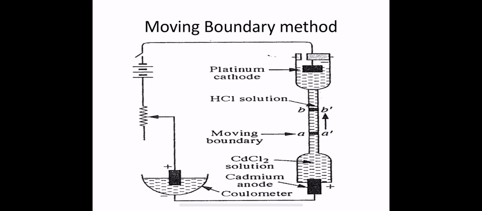Here the conductivity cell in this method consists of a vertical tube of uniform bore filled with cadmium chloride and hydrochloric acid as shown in the figure. Please observe the figure here. Hydrochloric acid is used in this compartment, and cadmium chloride solution is used in this compartment. Hydrochloric acid is the principal electrolyte, while cadmium chloride serves as an indicator electrolyte to enable the formation of the boundary.